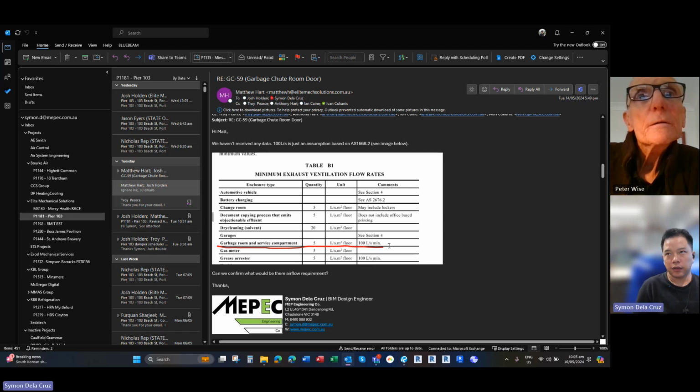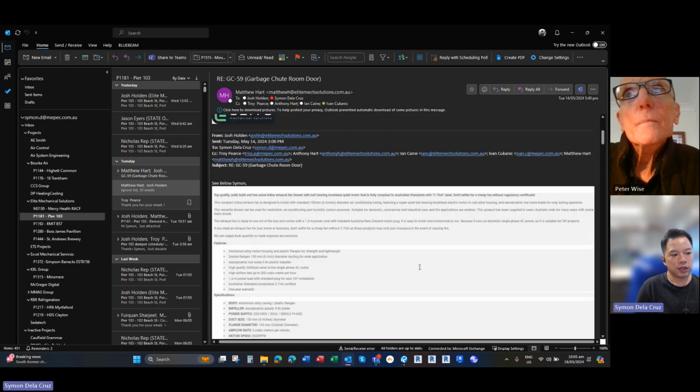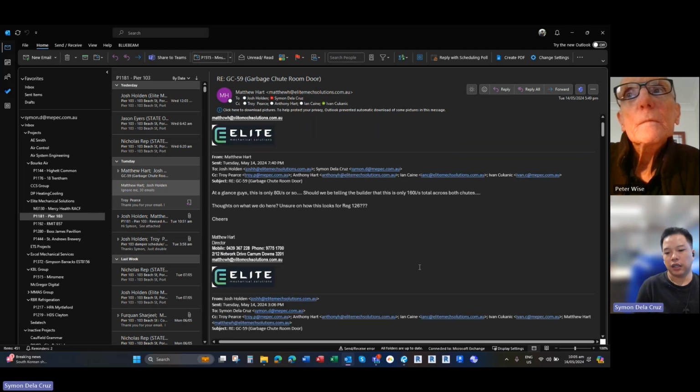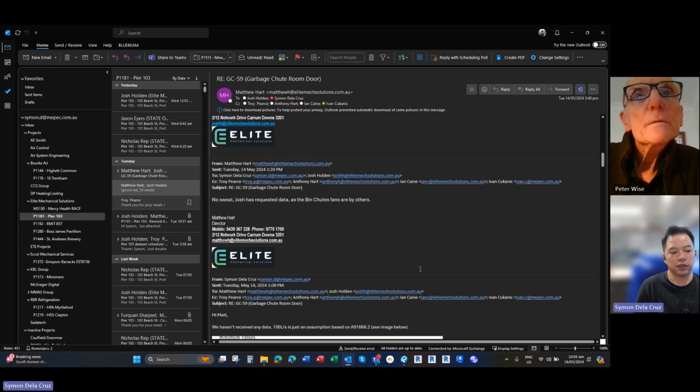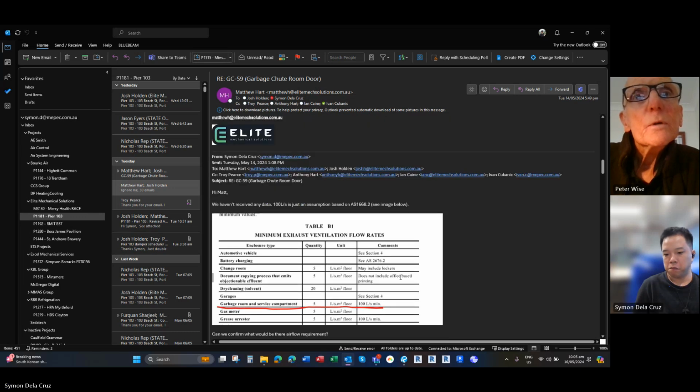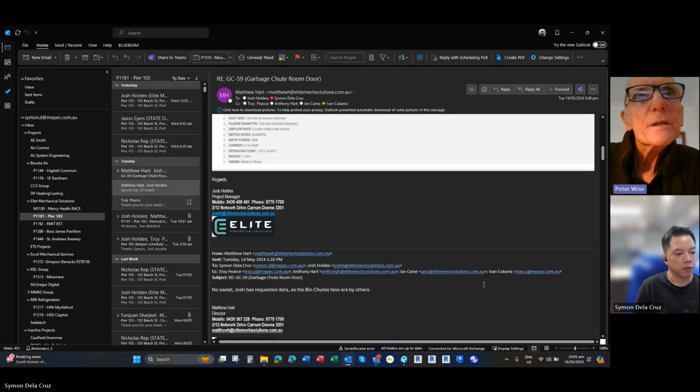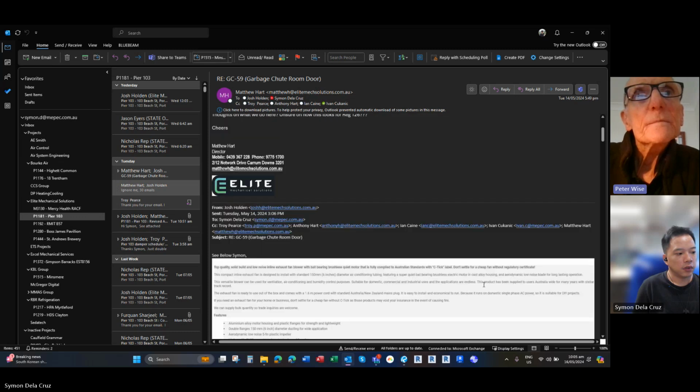So basically, I think we will just assume 100 to be compliant with the code, rather than assuming 80 or 160. I think so, yeah. The code's pretty clear that you need 100 litres a second minimum, so that's your starting point. Where did the 80 come from?